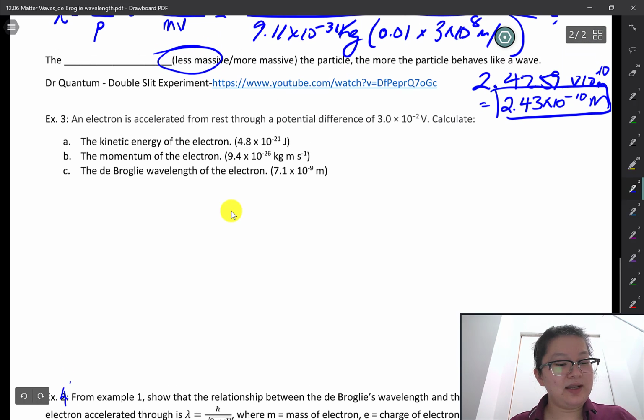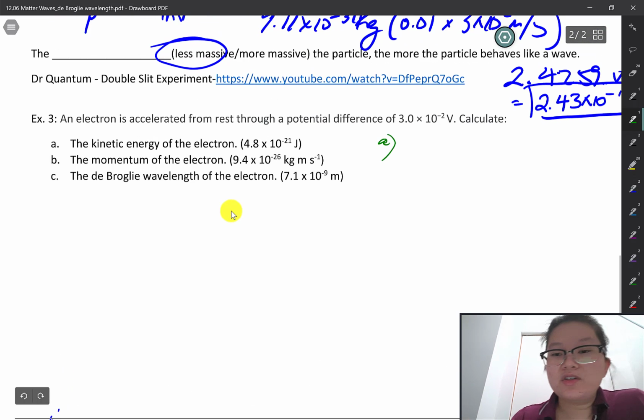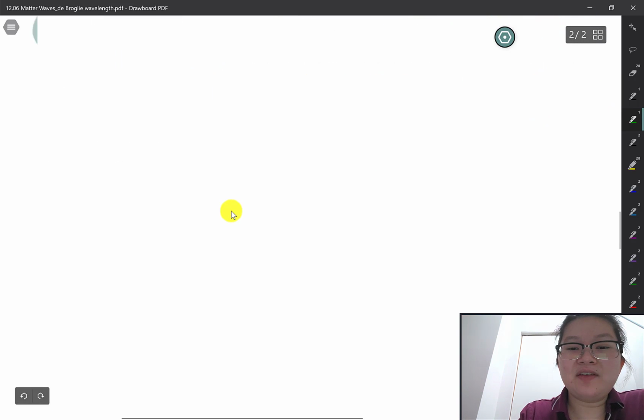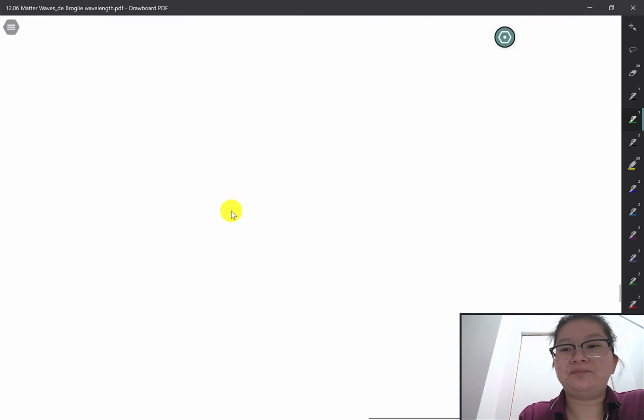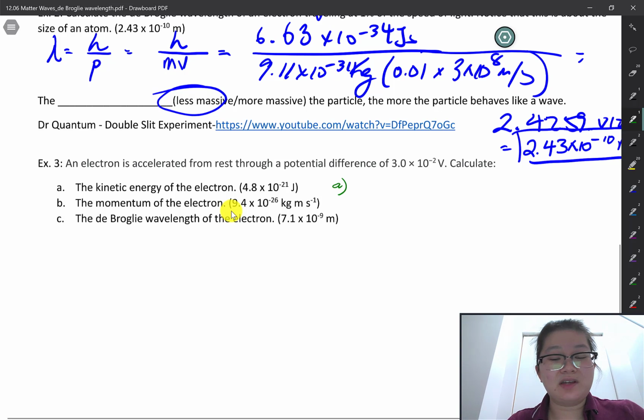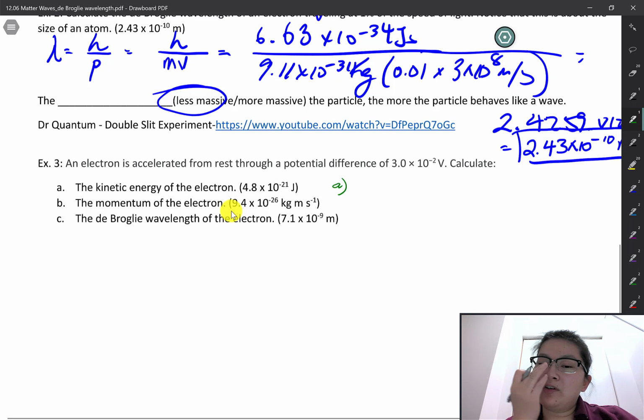Okay, so let's begin. Starting with question A, we want to find the kinetic energy of this particle. We know that the kinetic energy of this electron is going to depend on the potential difference that it has been accelerated through.